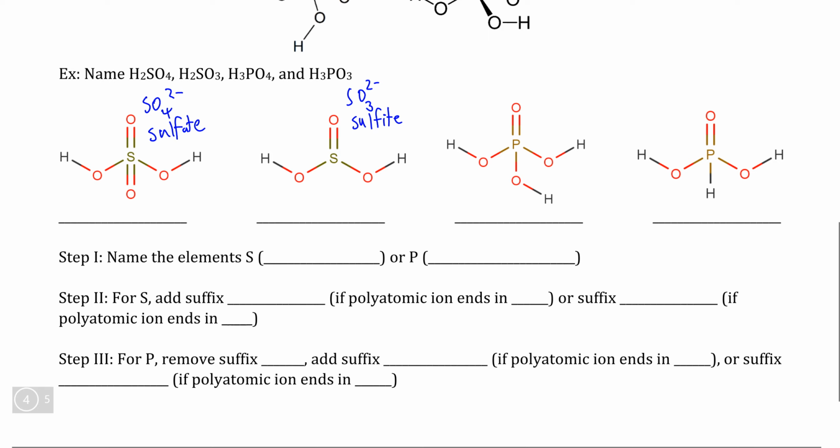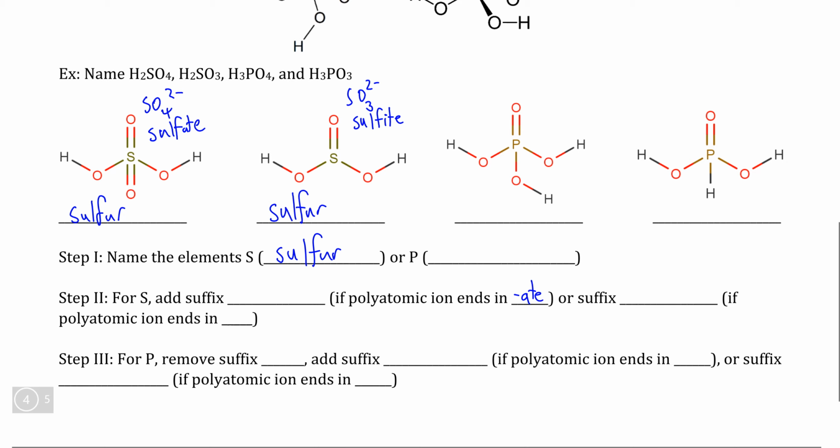Now, the only distinction in the naming system is the spelling, so we're going to start with the baseline of naming the element with the chemical symbol S, which is sulfur, and this is our root for naming both of these acids here.